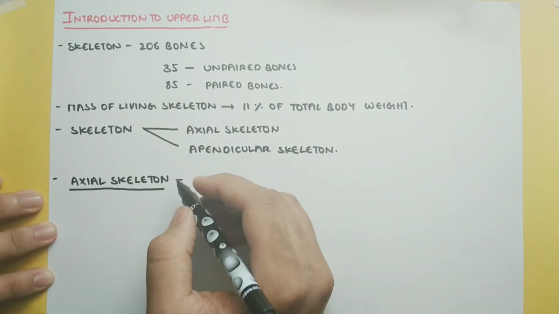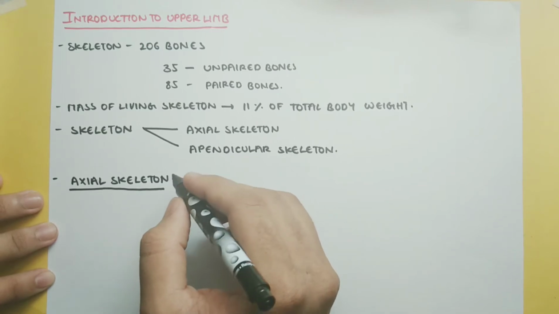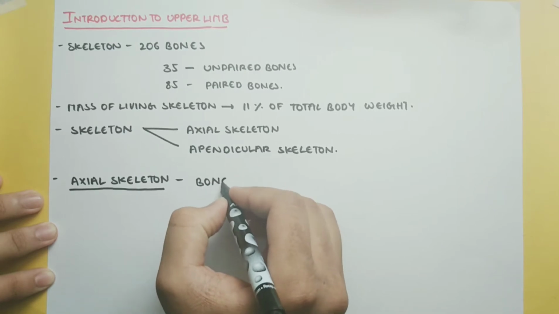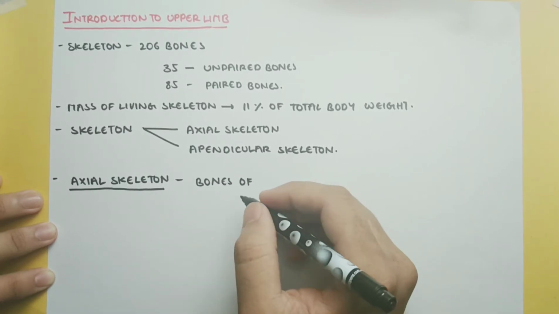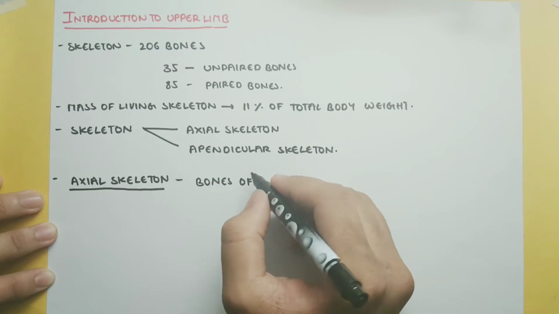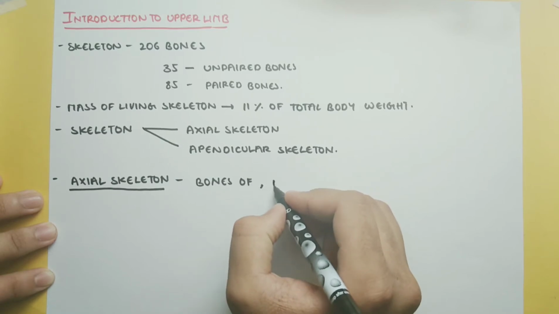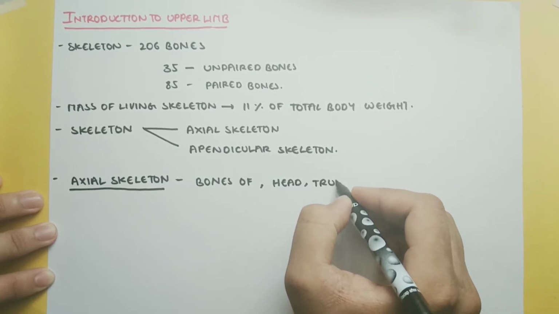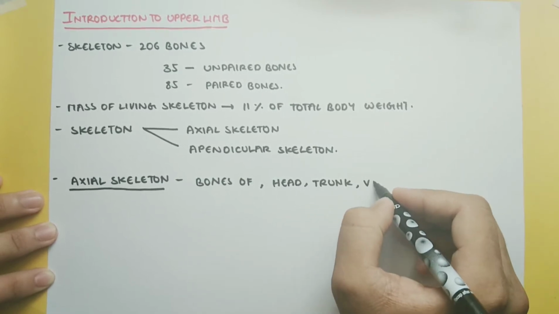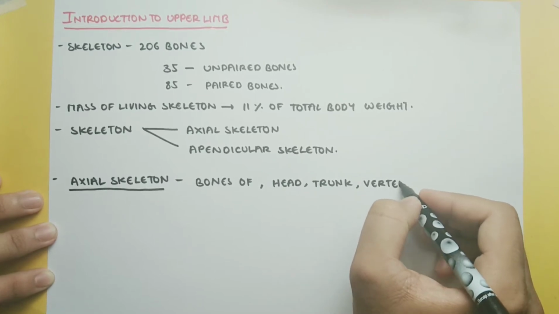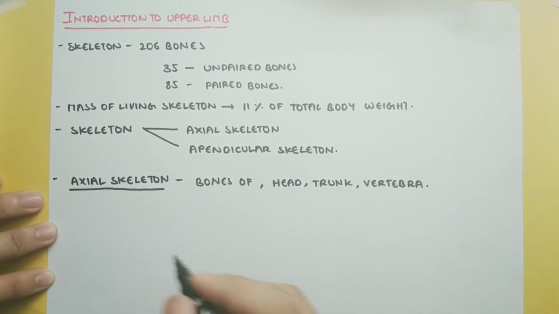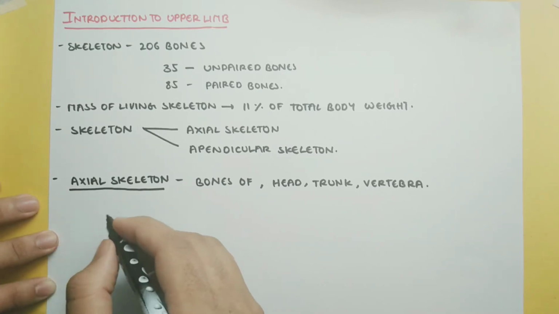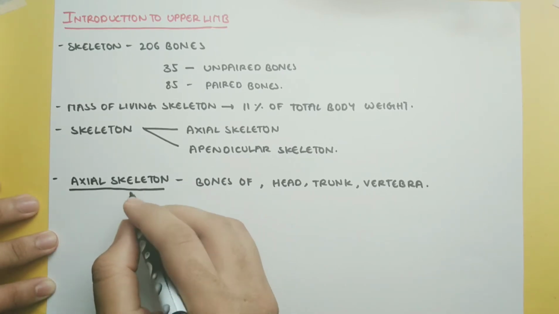The axial skeleton is the part of the skeleton which consists of bones of head, trunk and vertebra. It is the central or main axis of the human skeleton.